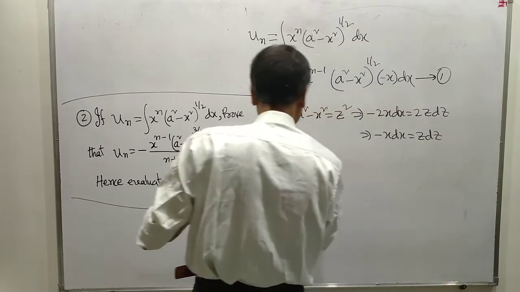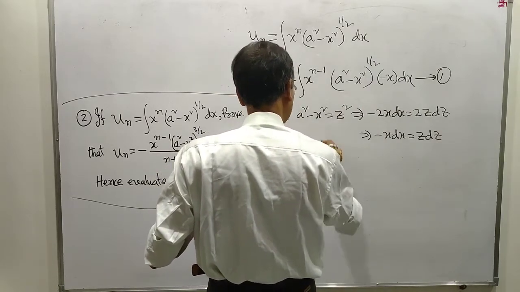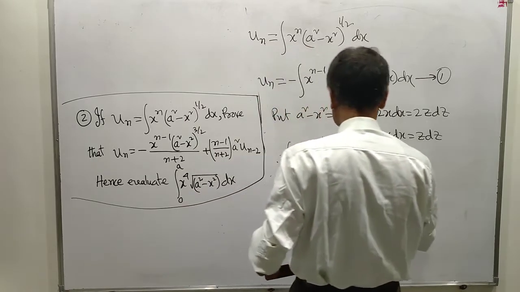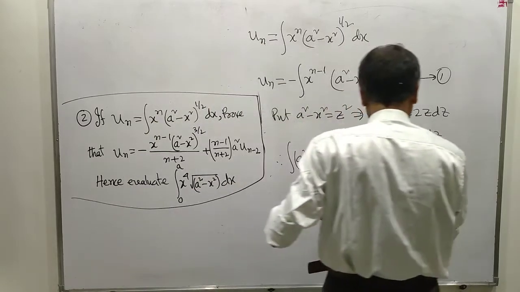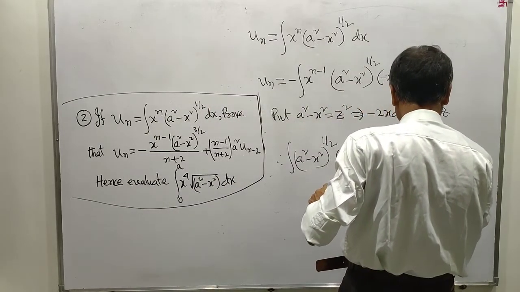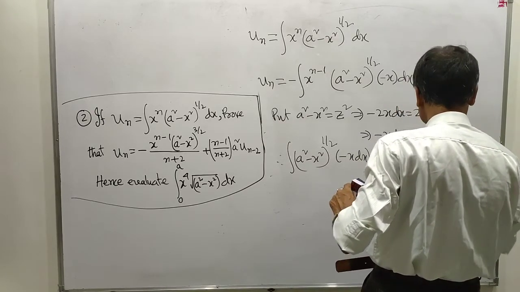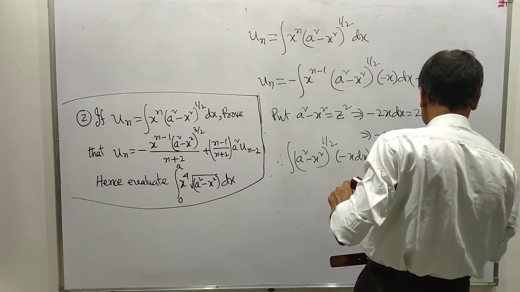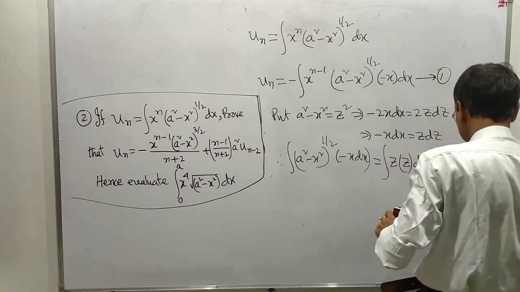Therefore, integration a square minus x square whole to the power half minus x dx can be written as z into z dz. This is equal to z square. Integration z square dz is equal to z cube by 3.